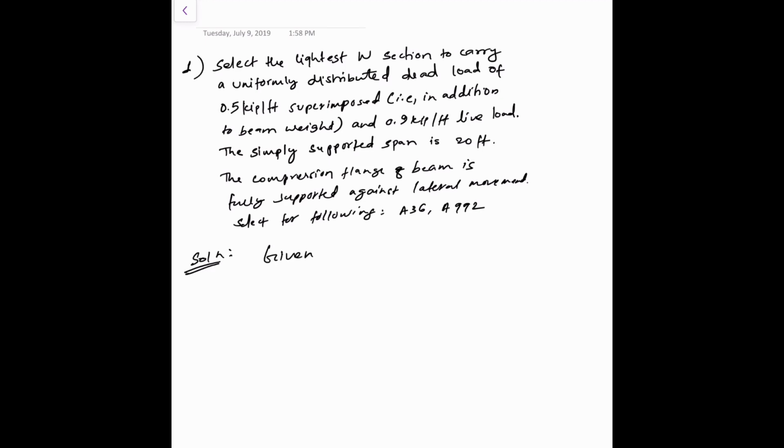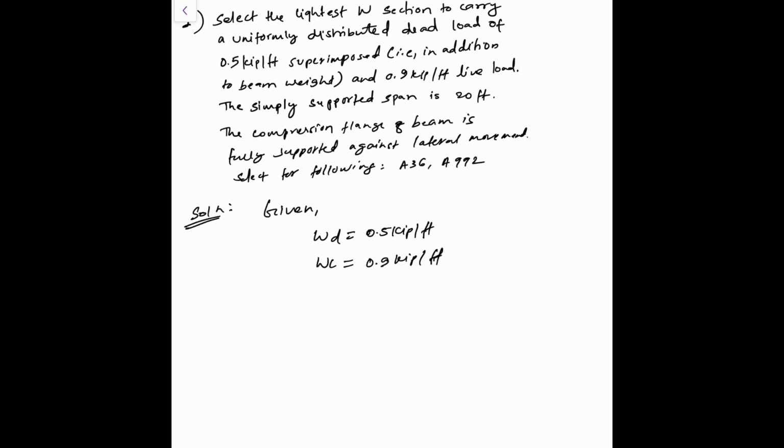We are given dead load WD equals 0.5 kip per foot, and the live load is 0.9 kip per foot. It is a superimposed dead load, so we are not including the beam self-weight. It's already included in the question. The length of the beam is equal to 20 feet.